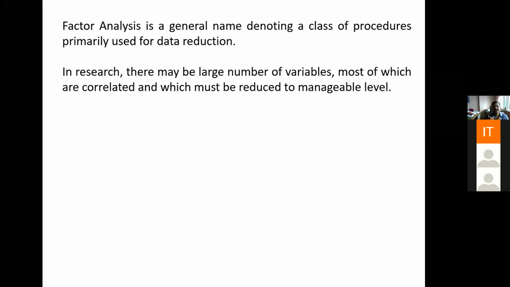For example, let's say I want to see what people look at while they buy a car. There are certain characteristics. We look at the performance, the after-sale service, and the aesthetic appeal of the car.